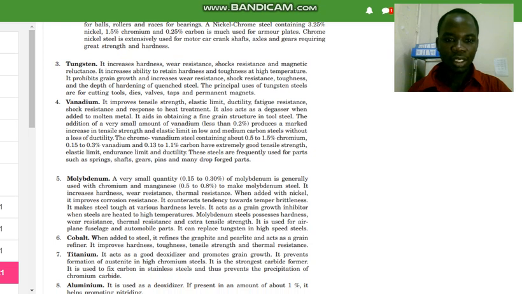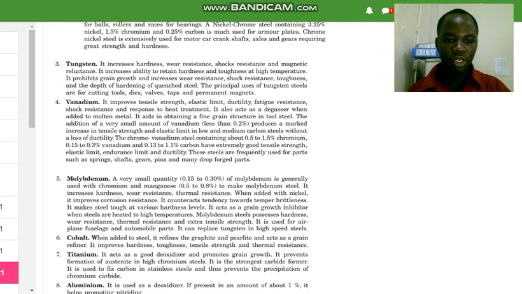It increases ability to retain hardness and toughness at high temperature. It prohibits grain growth and increases wear resistance, shock resistance, toughness, and the depth of hardening of quenched steel. The principal uses of tungsten steel are for cutting tools, dies, valves, taps, and permanent magnets.